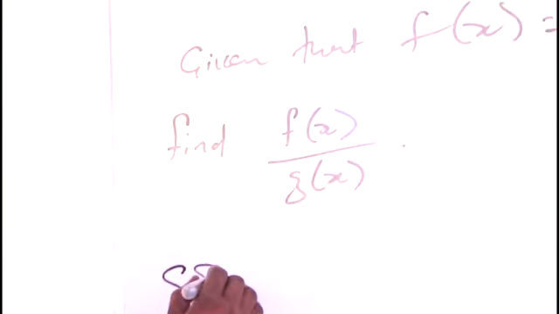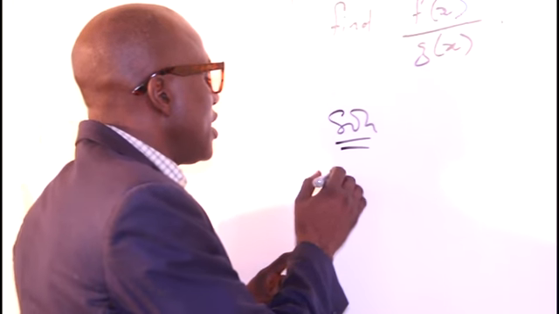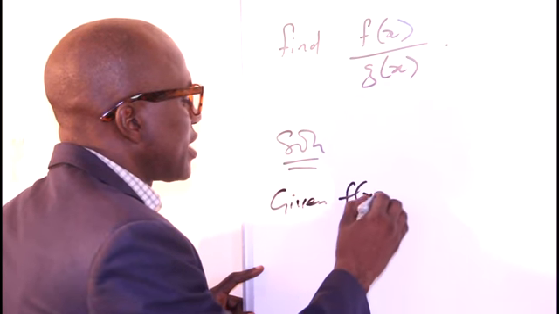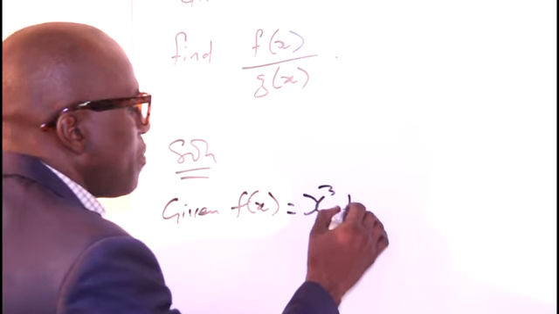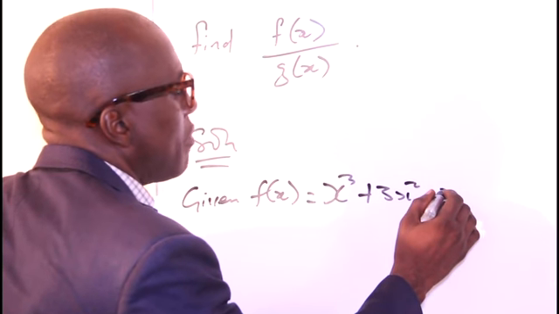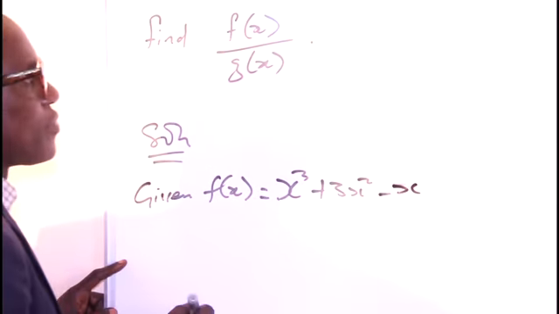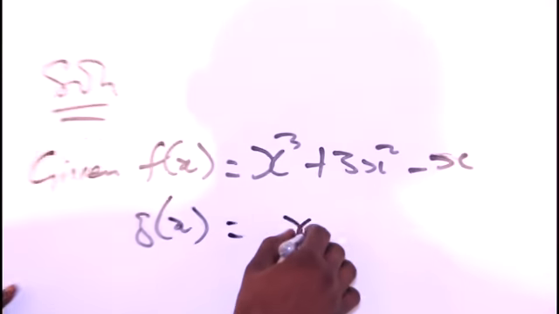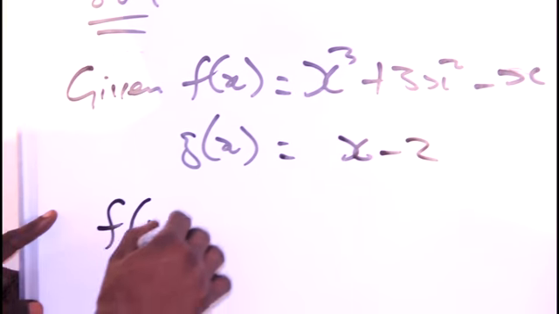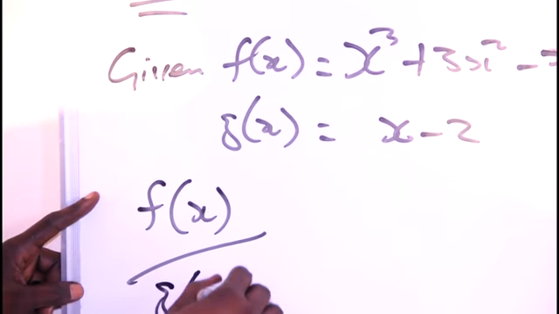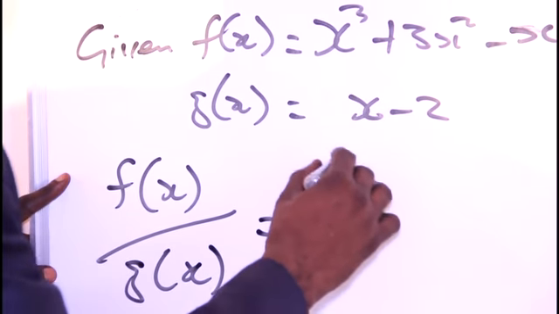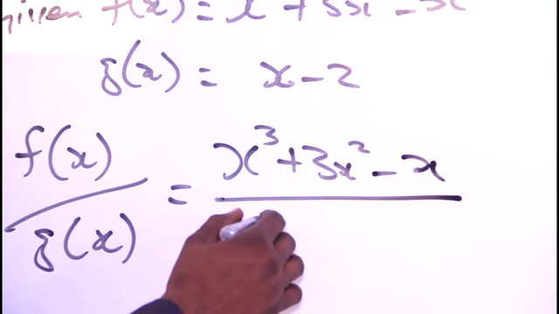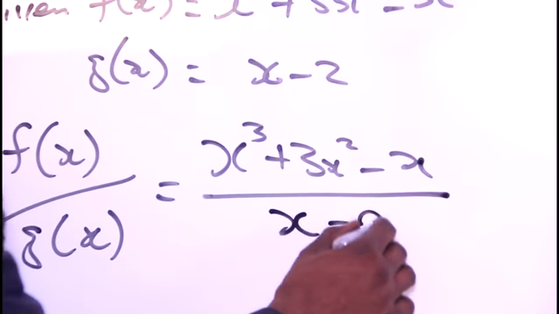Now we say solution. That means that since we are given f of x being equal to x cubed plus 3x squared minus x, and g of x being equal to x minus 2, f of x divided by g of x will be equal to x cubed plus 3x squared minus x over x minus 2.